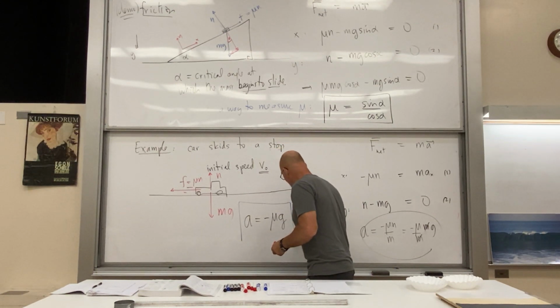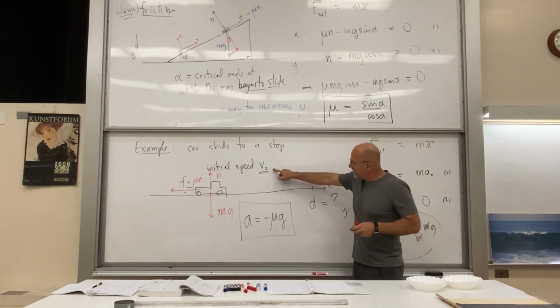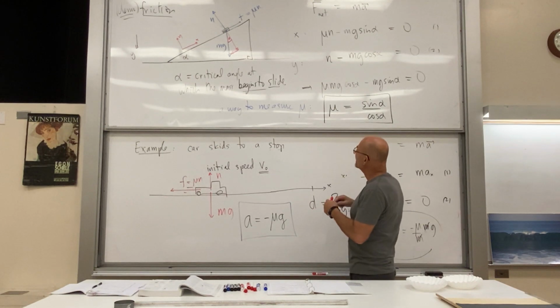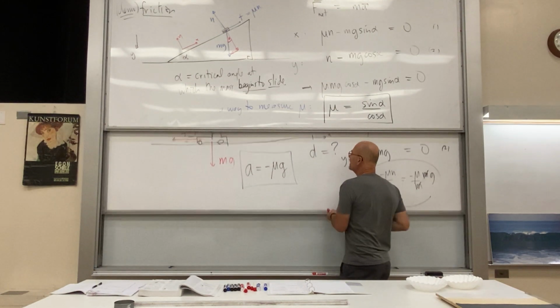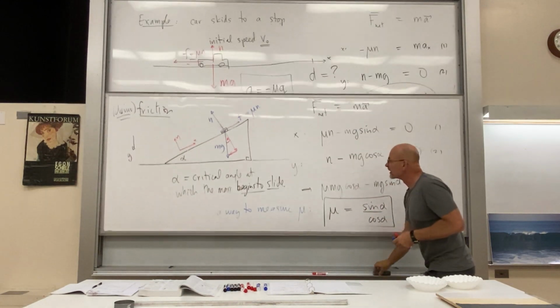Okay, so what are we going to do with this? We have an initial speed and we have an acceleration. Now I'm going to bring into play the kinematic equation.